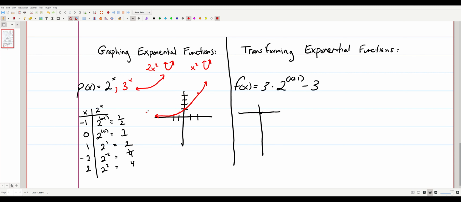And so recall that if something happens on the outside of the parentheses, like this 3 being multiplied and this 3 being subtracted, we think of it as affecting y. So our new y values are going to be 3 times the old y values we had minus 3, okay? And if something happens on the inside of the parentheses of a function, we think of it as affecting x, right?